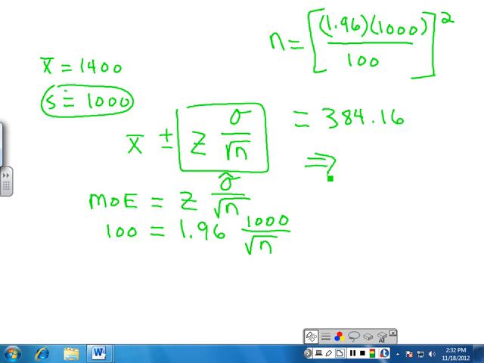That's the minimum, and 384.16 is the minimum, but you have to have a whole number, and 384 wouldn't meet that, so always go up. 385 or more, greater than or equal to 385 would be the sample size you would want.